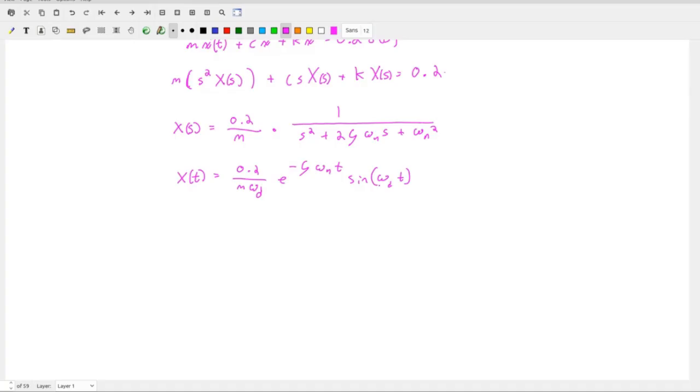However, let's call that x of 1 of t, because we have to solve this again for x of 2. And now we have our offset tau.